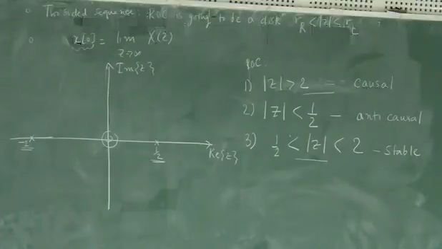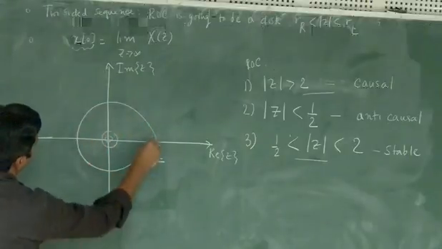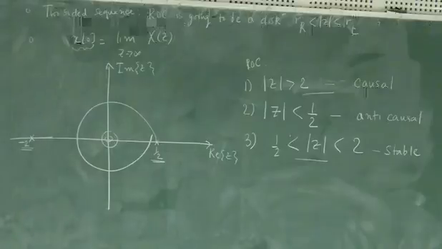But can we have a system like that? If |z| is greater than 2, it should not include the unit circle, right? No, right? For this set of poles and zeros, we cannot have that this system or this signal is both stable and causal at the same time.